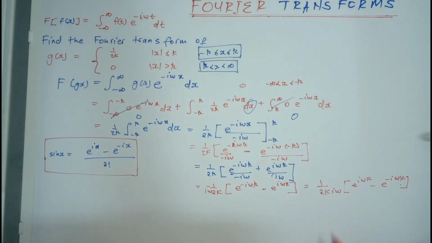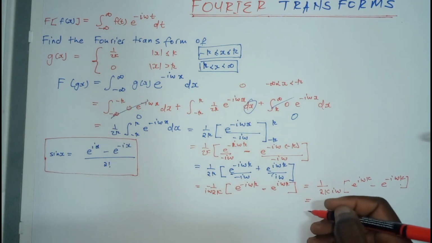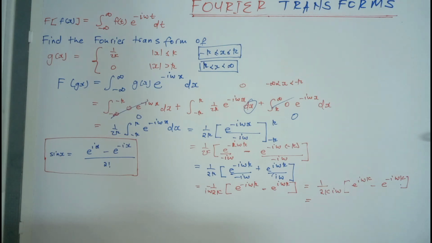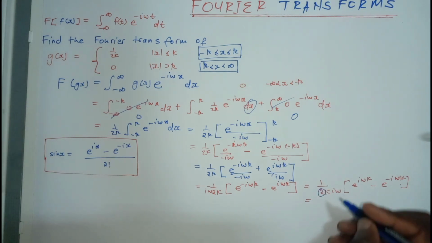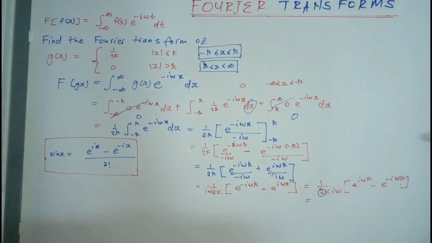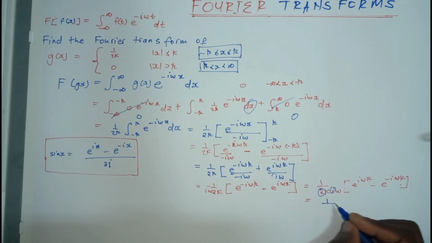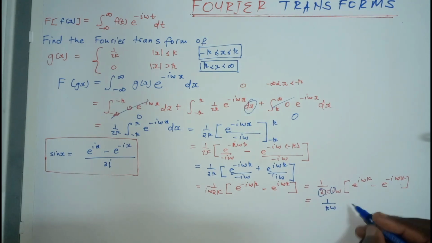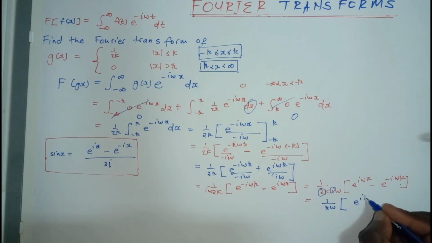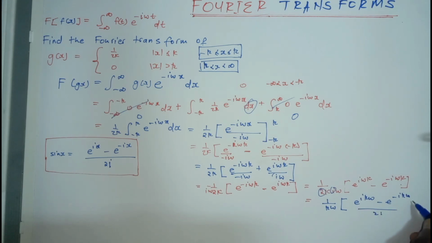Now this is the same as saying, do we have 2? Yes, we have 2. This is our 2. Do we have i? I'm sorry, I've written it in a pictorial way. It's supposed to be i. Do we have i? And i is right here. So since this one is in the denominator, it's the same as saying 1 over k omega, and we're going to have e to the power i k omega minus e to the power negative i k omega, over 2i.